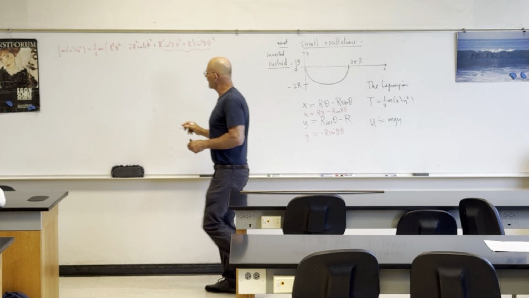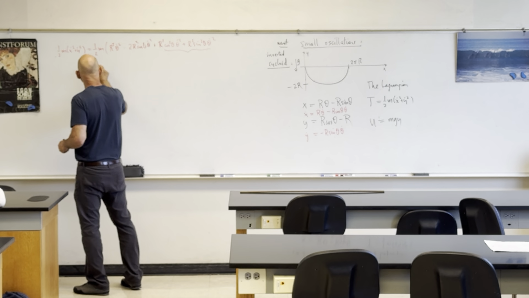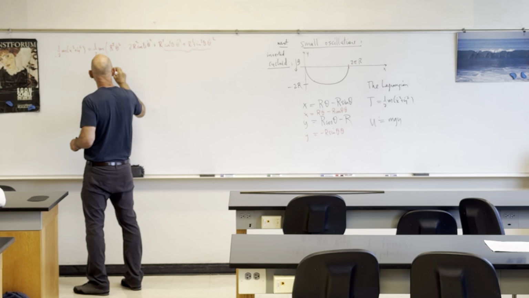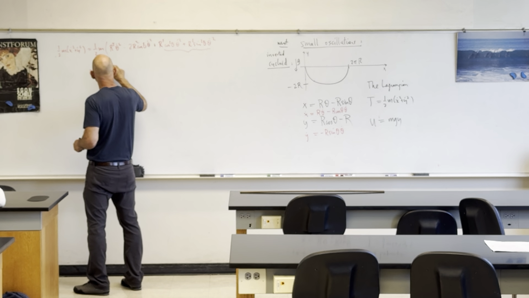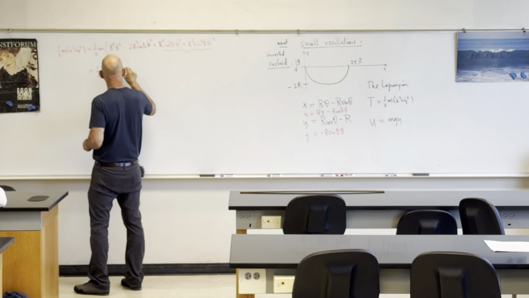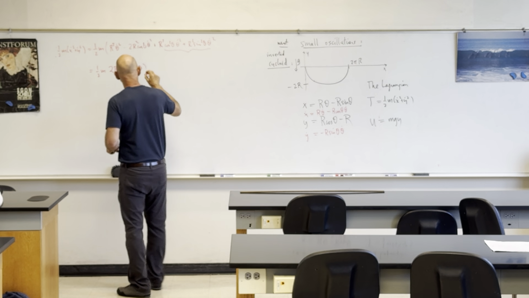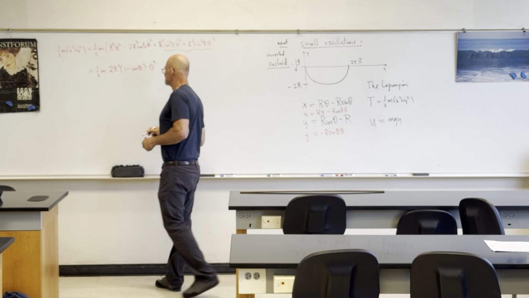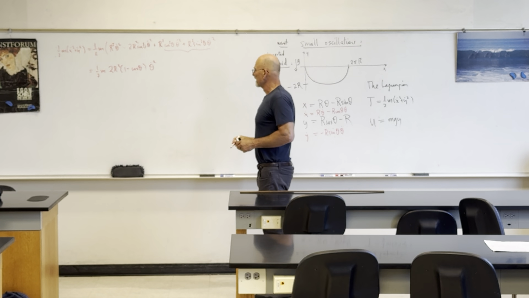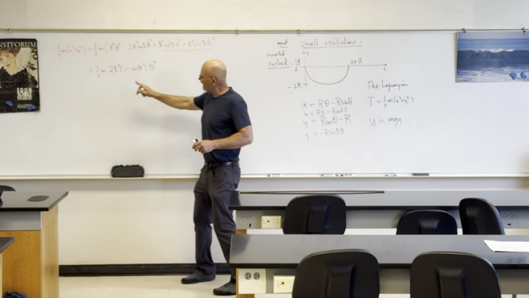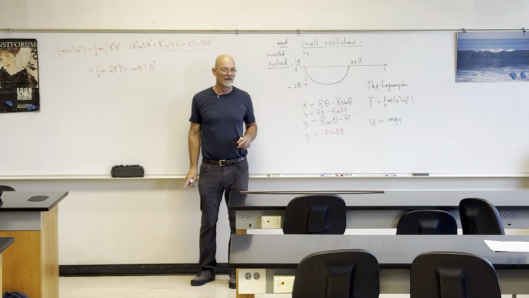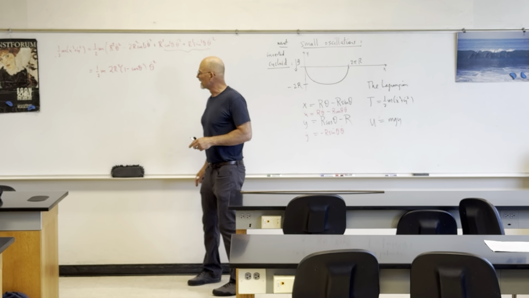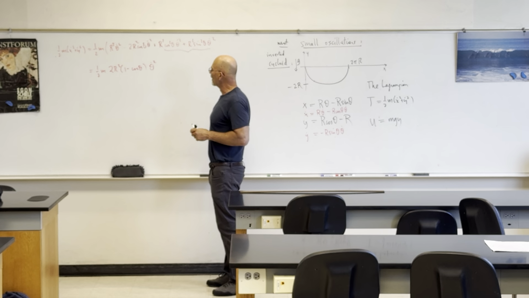So we're going to end up with the following: 1/2 m, and then we're going to have 2 r squared times 1 minus cos theta, theta dot squared. Now you're going to notice I'm not going to cancel the twos in there, because what we're looking for is a standard form.